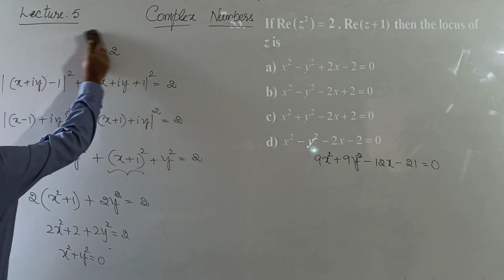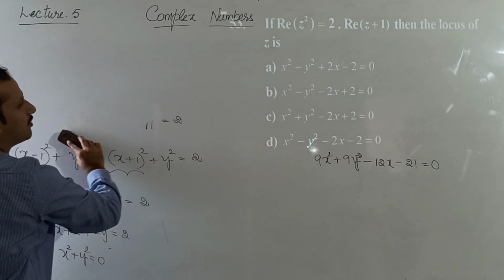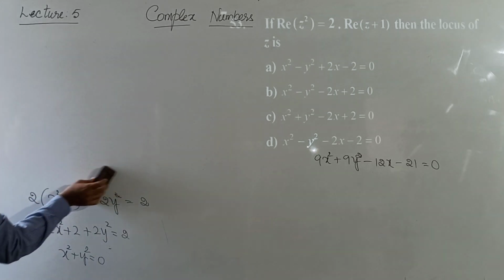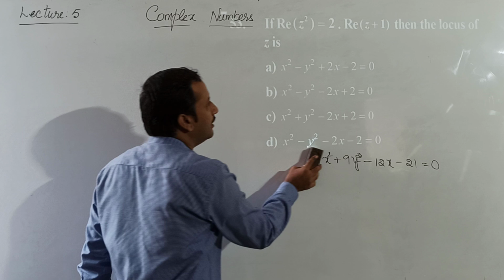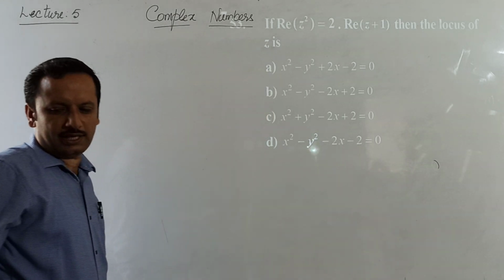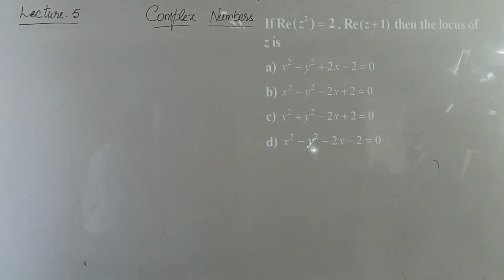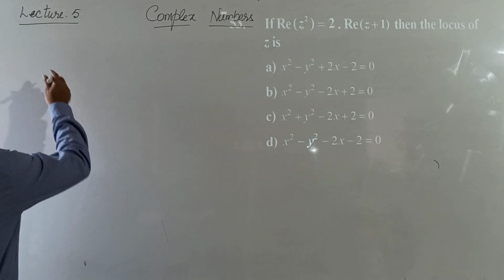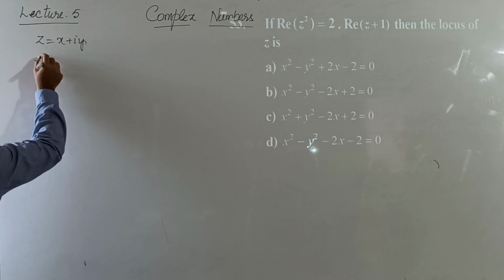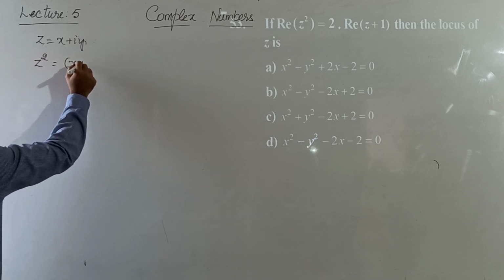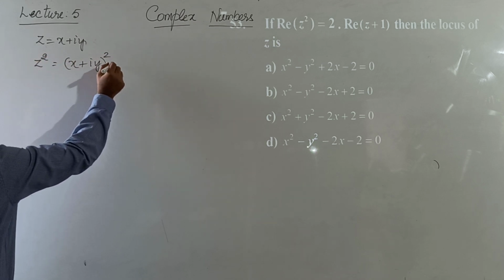If the real part of z square is equal to 2 into real part of z plus 1, then the locus of z is? Z, we always take it as x plus iy, right? Now I want z square, which means x plus iy whole square.